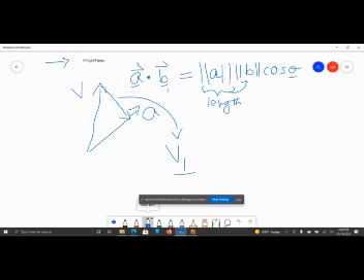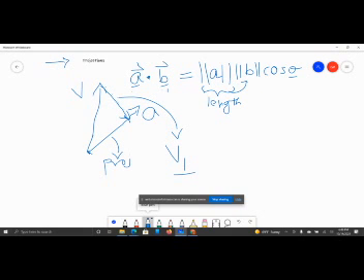And so this vector over here, from the start of A to the point on A at which V's perpendicular lands, is called the projection of V onto A.